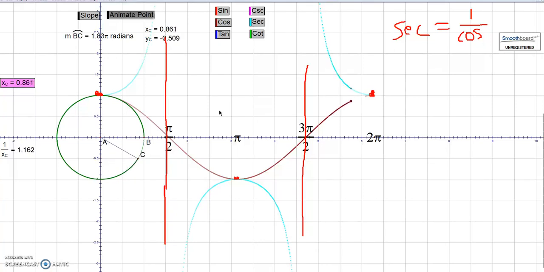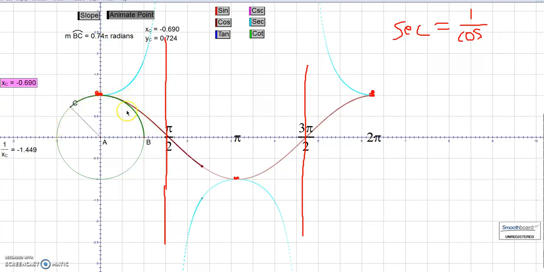So the way I remember what secant looks like, I remember that cosine has this kind of upside down U in this chunk, which means secant is reflected. Here I see more of a U shape for cosine, so I see an upside down U shape for secant. That's the way that I remember that.